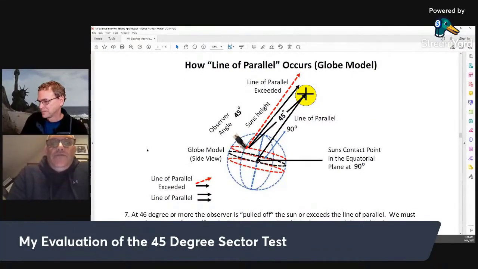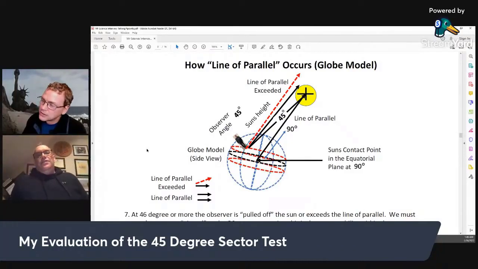That's what you talked about with your observer. Now you can talk about your east and west, and it also gives you the sun contact point. And again, this is a three-dimensional image. So when we talk about sectors, we're looking at the geometrics of it. This is how we get our observer angle. Now you're contending that it's not a perfect 45 degrees. No, you can contend that.